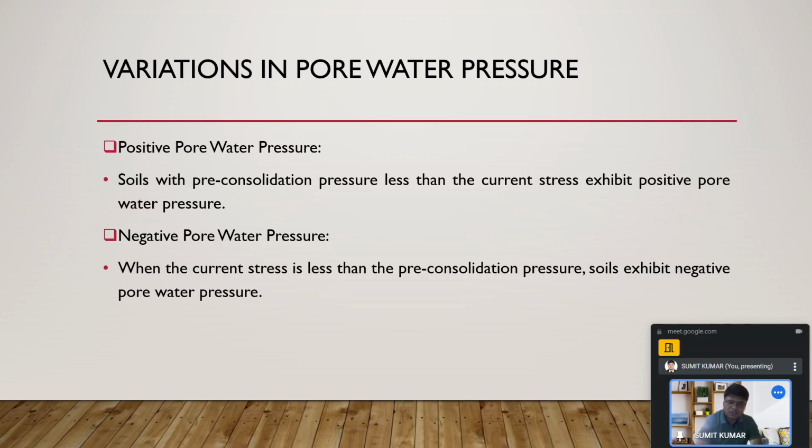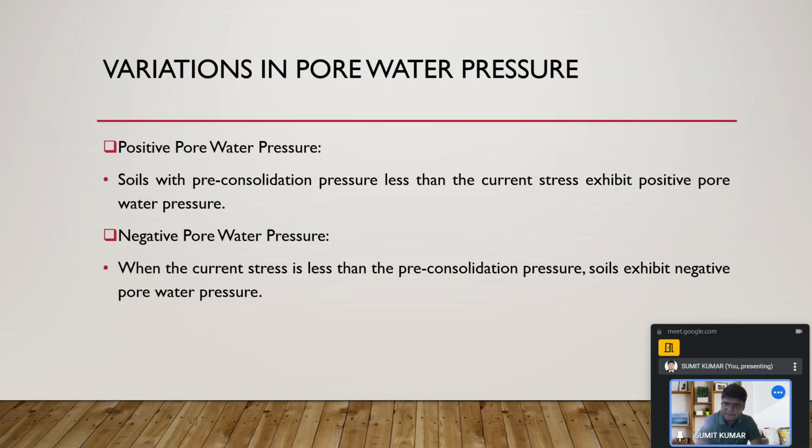So whatever the pore water pressure shown in our pitot tube is nothing but the positive pore water pressure. Similarly, if we talk about the negative pore water pressure, when the current stress is less than the pre-consolidation pressure, soil exhibits this type of pressure.